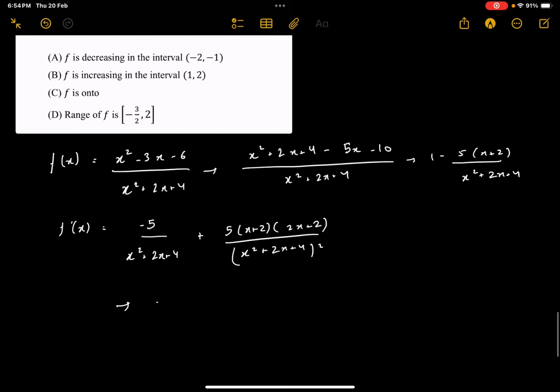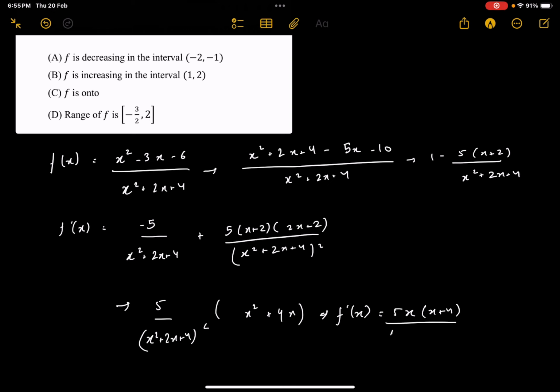which becomes this gets cancelled, this becomes 4x, this gets cancelled, which gives us f prime x as x into x plus 4 square.